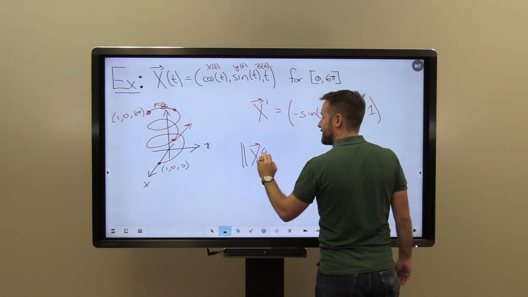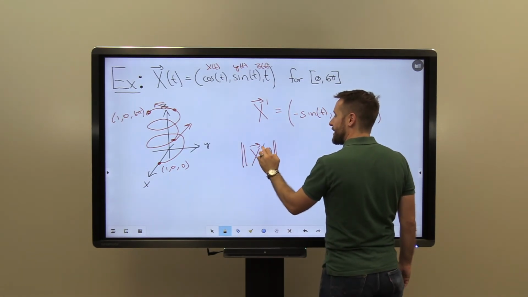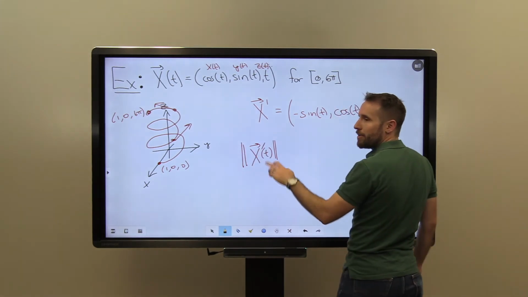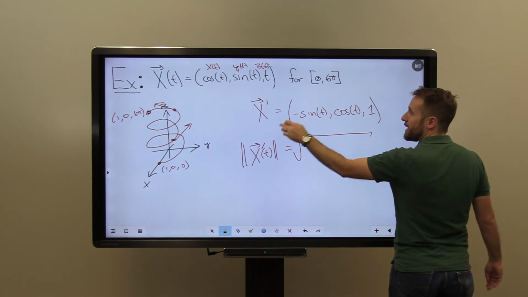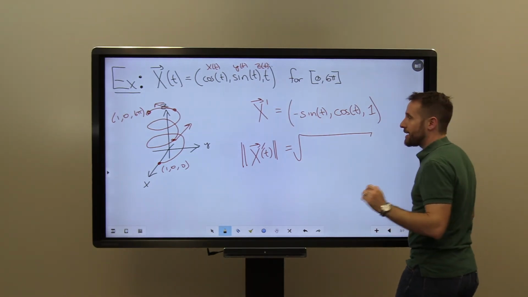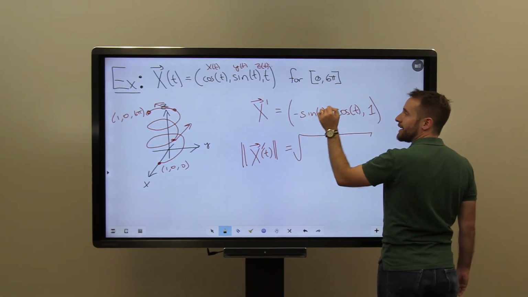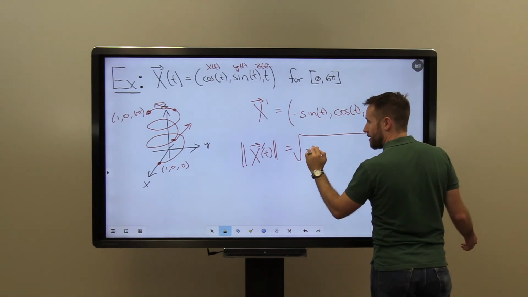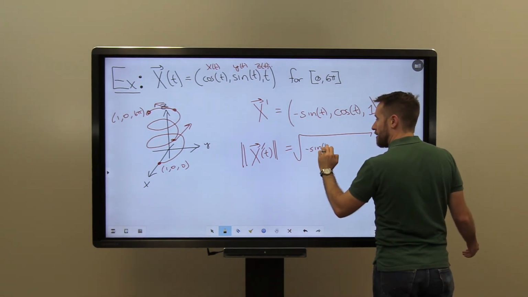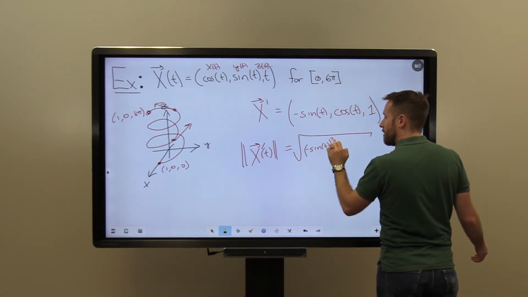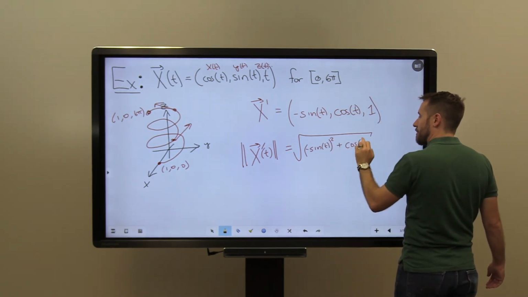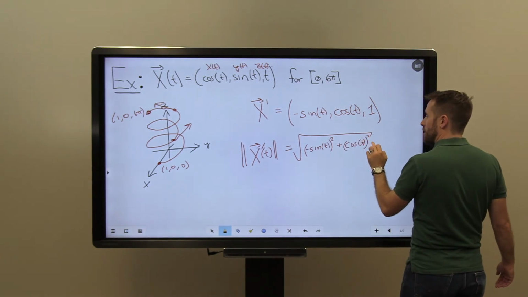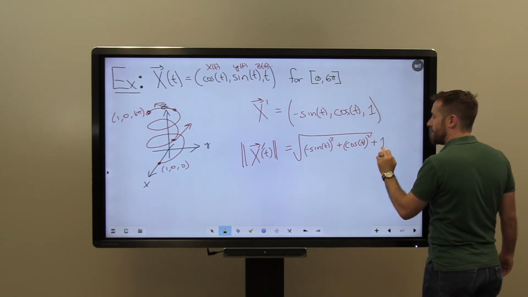Finally, the speed will be the norm, or length, of x prime of t, and that would be the square root of x prime dotted with x prime. So that's going to be negative sine quantity squared, plus cosine squared, plus 1 squared.